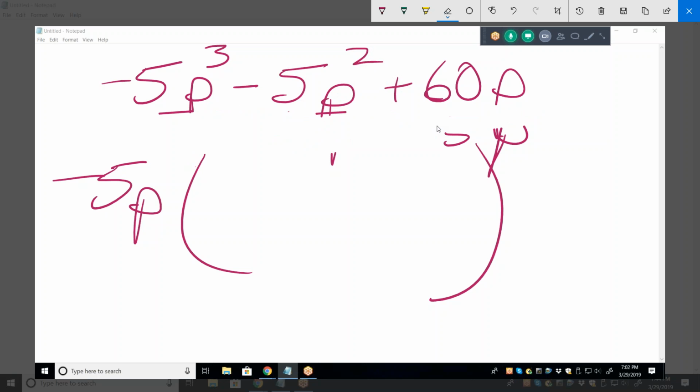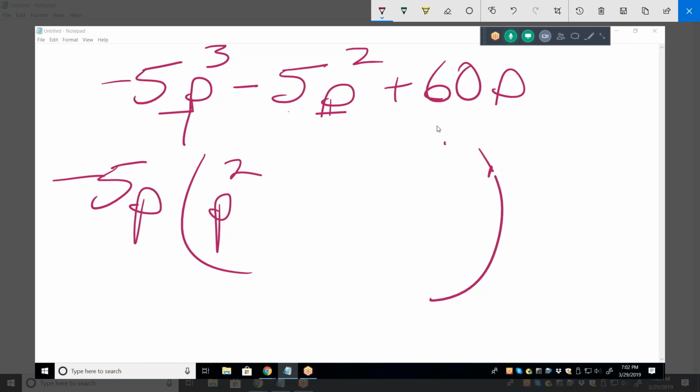Now, what's left over after you divide every term by negative 5p? P cubed plus p squared. Hold on. Remember, we're factoring out a minus 5p. So the first thing you do, once you write that first term, stop and check to make sure it's right.